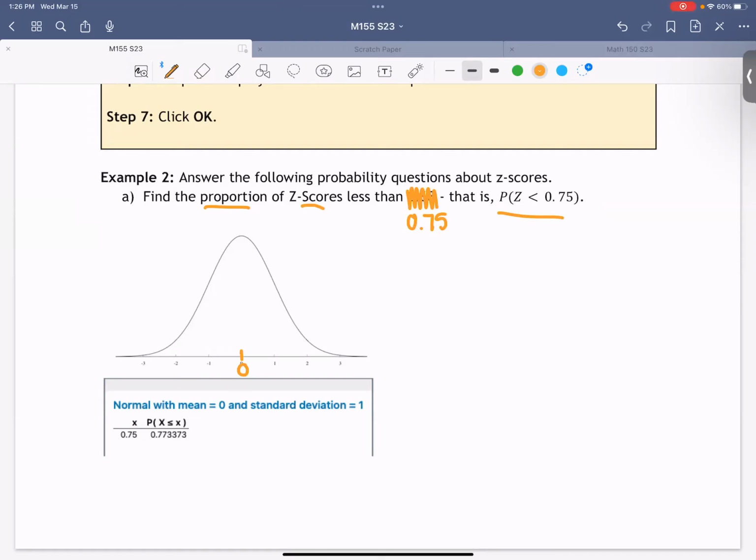If I want to find a z-score of 0.75, looking at my graph, 0.75 is about here. It doesn't have to be perfect. Once I plot my value, I can extend that line all the way up to the top of my graph.